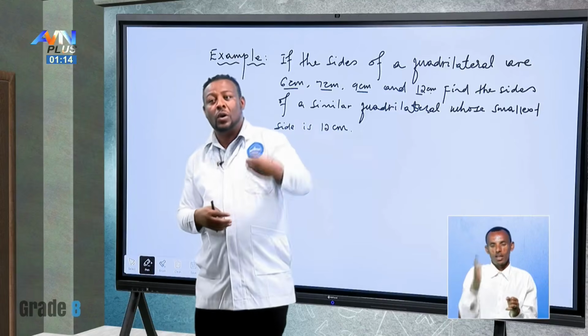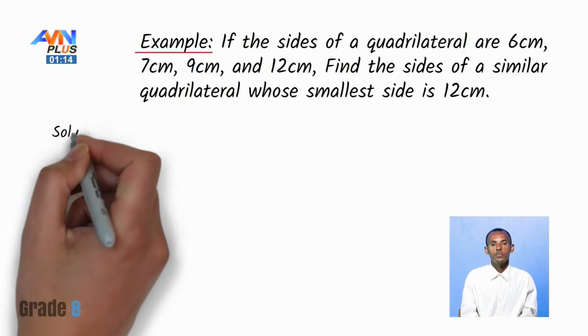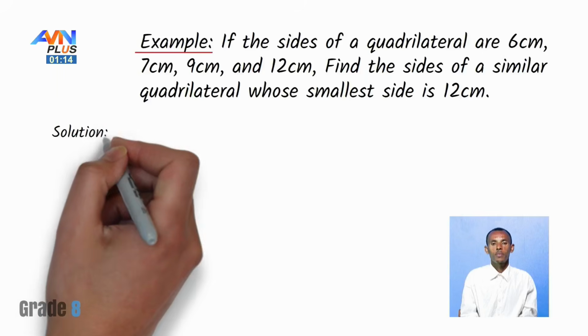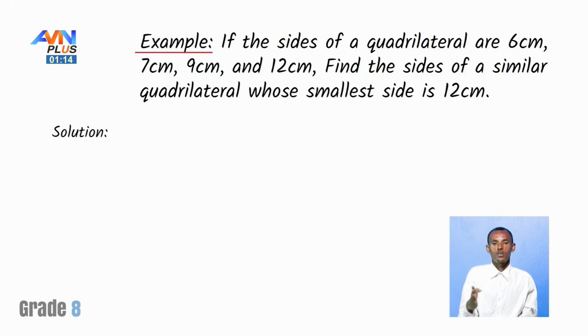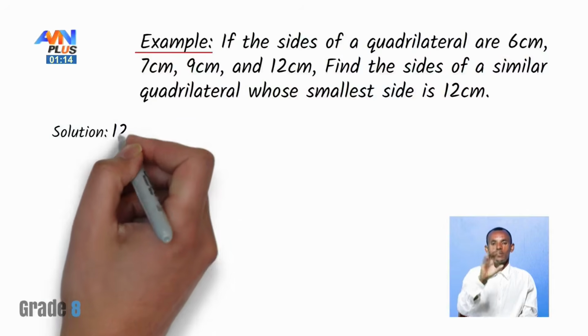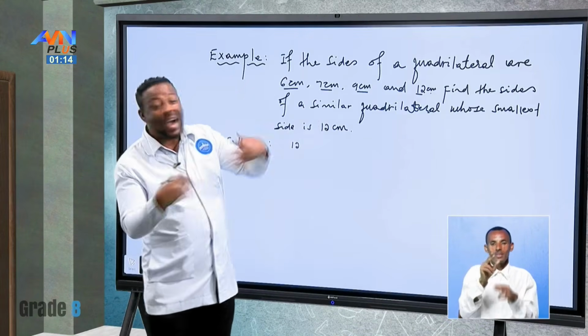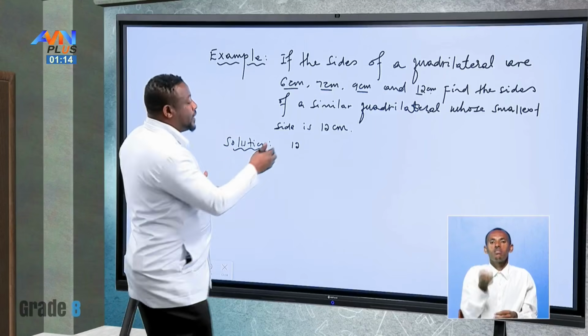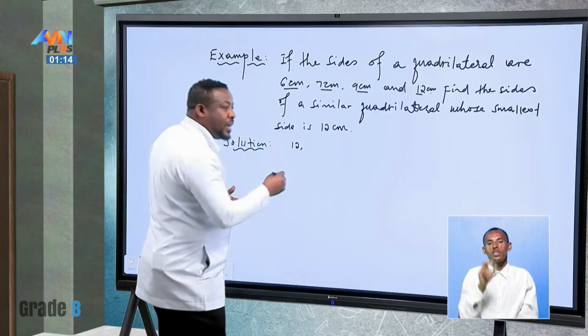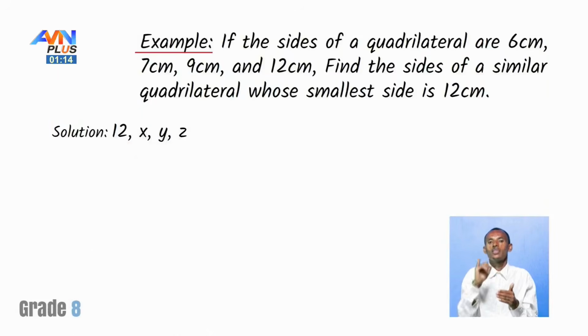Say the sides of the quadrilateral are 12 centimeter. Let us start from the smallest side. The smallest side of the unknown quadrilateral is given. Say the smallest one is 12. The next unknowns are x, y, z.